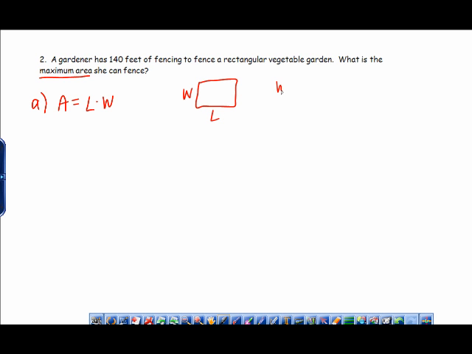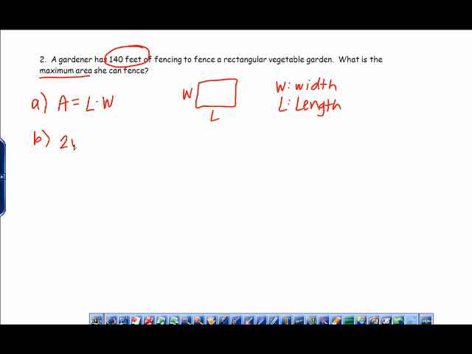So we've got width and length. Really clear here. Part B says, write another equation using the other given information and solve that equation for one variable. So let's use the fact that the perimeter is 140 feet.